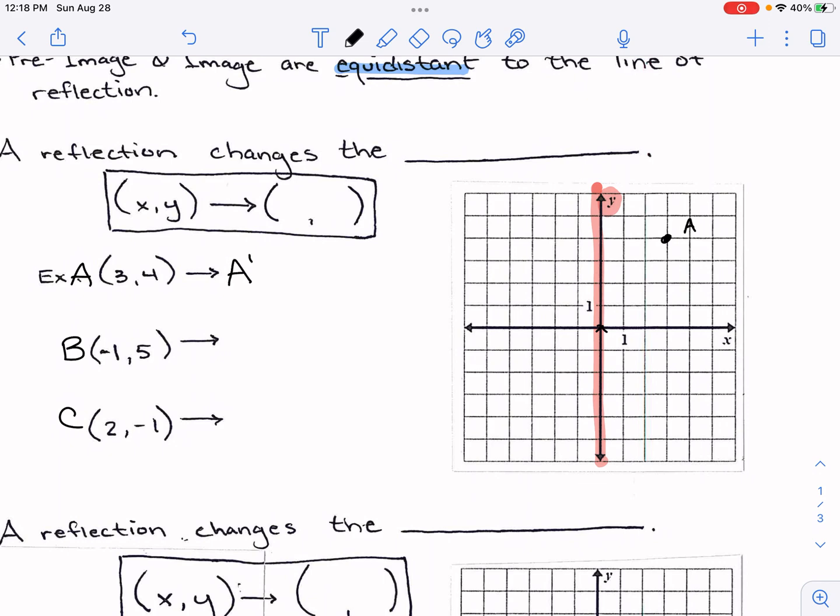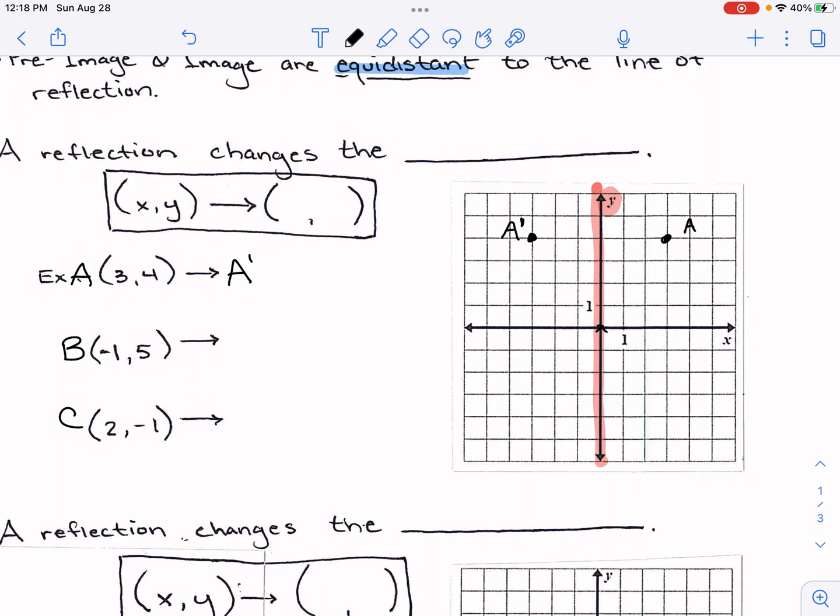It's going to be equal distance to this line of reflection. As we can see, this line is 3 units away from that point. Or vice versa, the point is 3 units away. So it's 3 units to the right. So to graph A prime, you're going to go 3 units to the left of where it would meet that line. So right here. Okay, let's go ahead and graph that in.